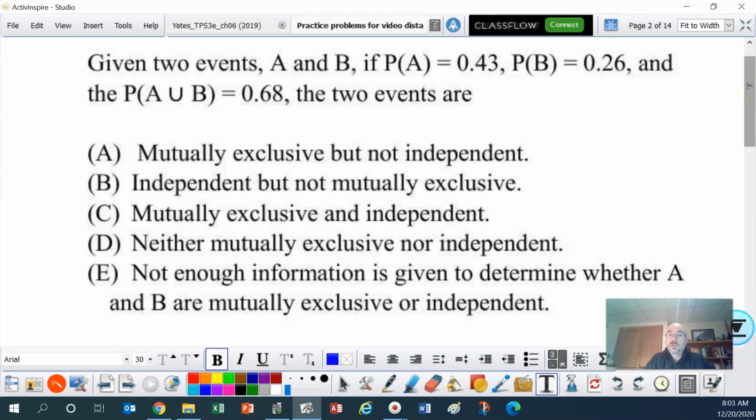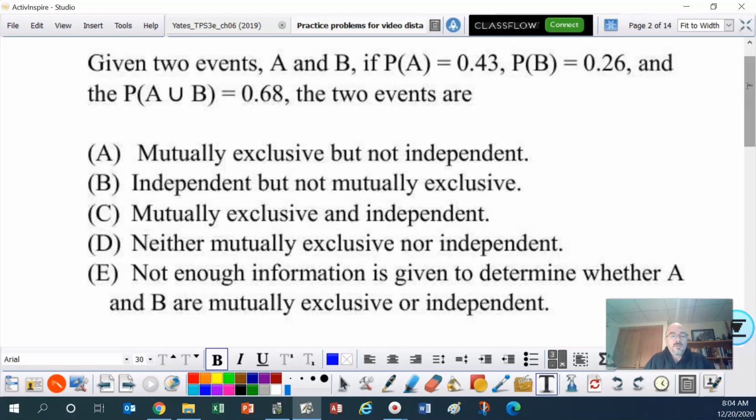Is it A, mutually exclusive but not independent? B, independent but not mutually exclusive? C, both mutually exclusive and independent? D, neither mutually exclusive nor independent? E, not enough information is given to determine whether A and B are mutually exclusive or independent. Well, ladies and gentlemen, I will tell you it's not E, because they do give you enough information here.